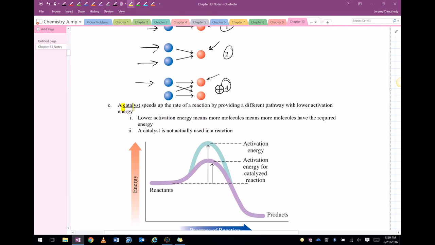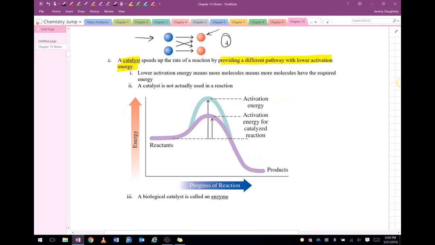A catalyst also speeds up the rate of the reaction, but the reason why is because it provides a different pathway that has a lower activation energy. Okay? So we don't lower the activation energy of that pathway, we create a brand new pathway. So here is the original pathway in green.